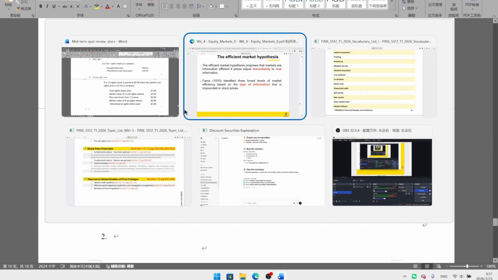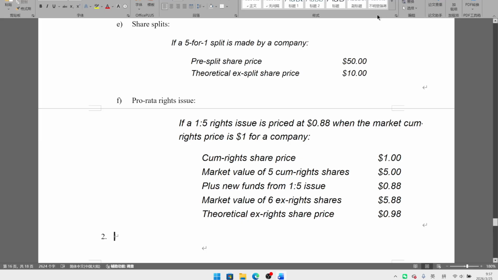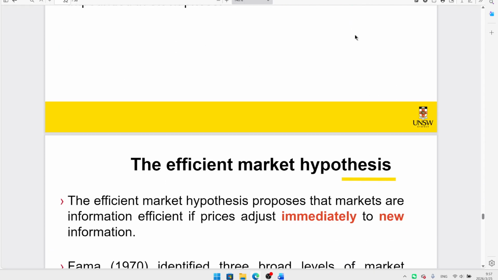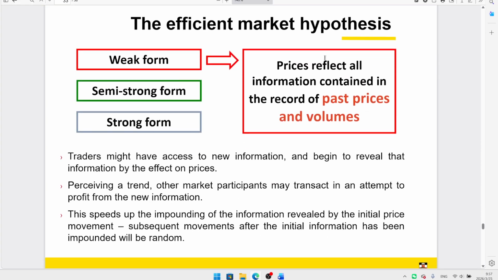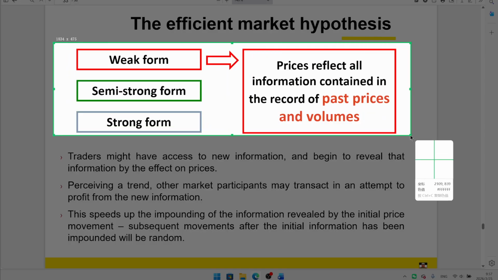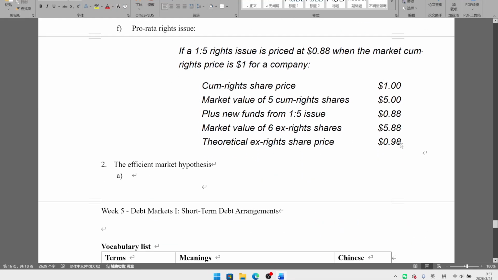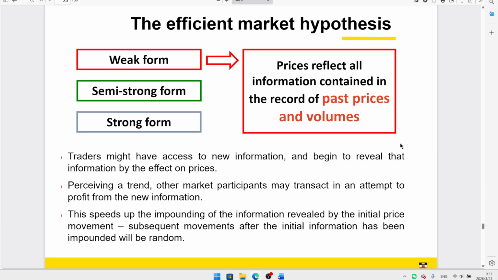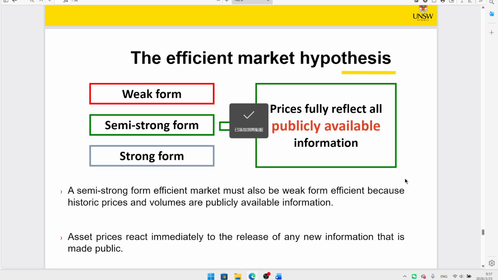And in the efficient market hypothesis, we need to know that there is weak form, semi-strong form, and strong form.